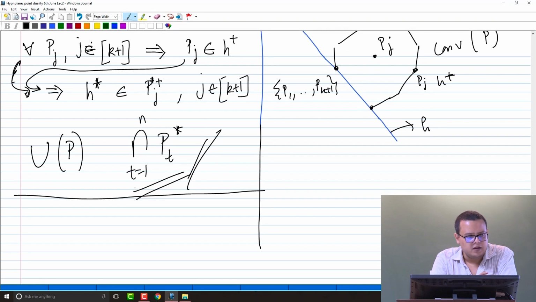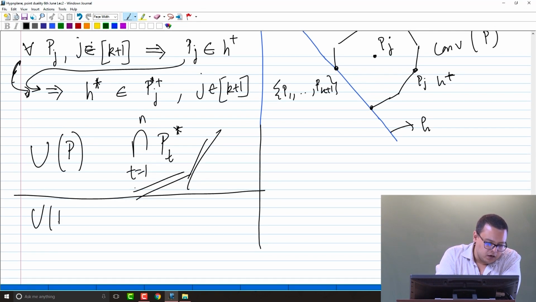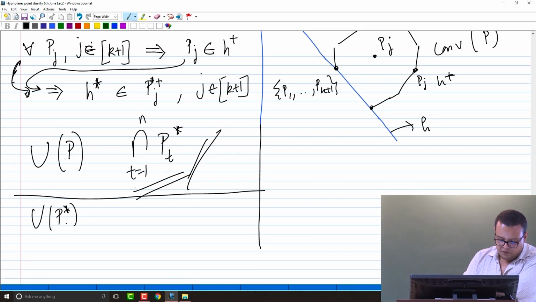See, how will a polyhedral face of UP star look like? Let's say take some face here that belongs.